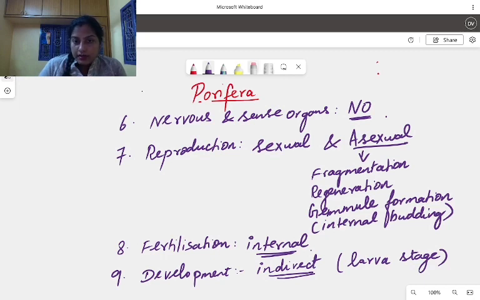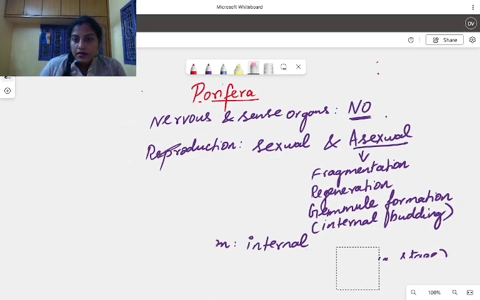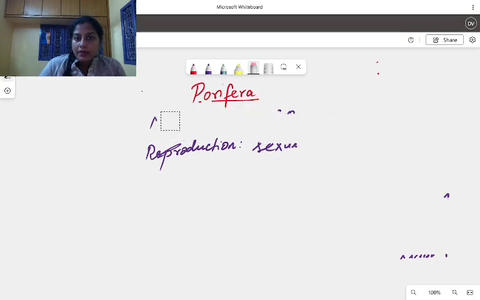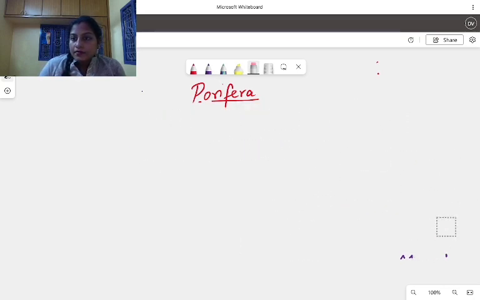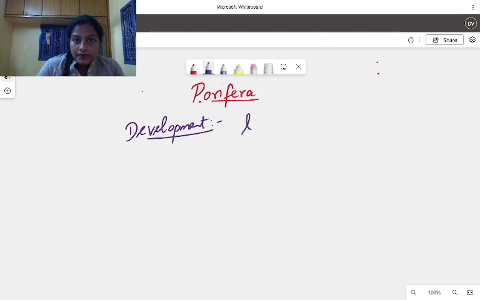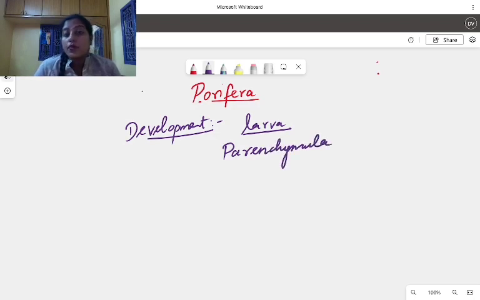So let me mention the larva names. Have you noted it down? For development, let me give examples of larva. Under development, for larva names, there is something called parenchymula, which is the larva of which sponge?